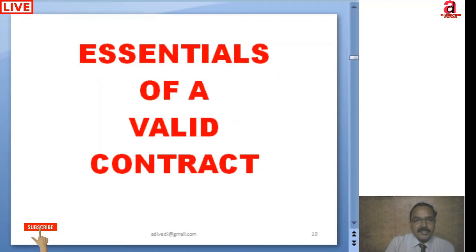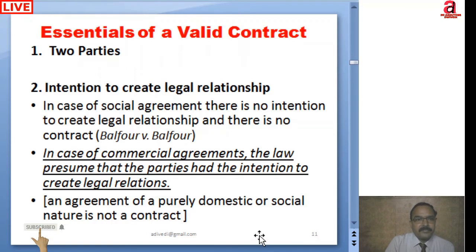Now, let's understand the other important topic, the essentials of a valid contract. Under essentials of a valid contract, the first point is two parties. Otherwise, if two parties are not available, then it's not a valid contract. In simple words, we can say one cannot contract with himself.